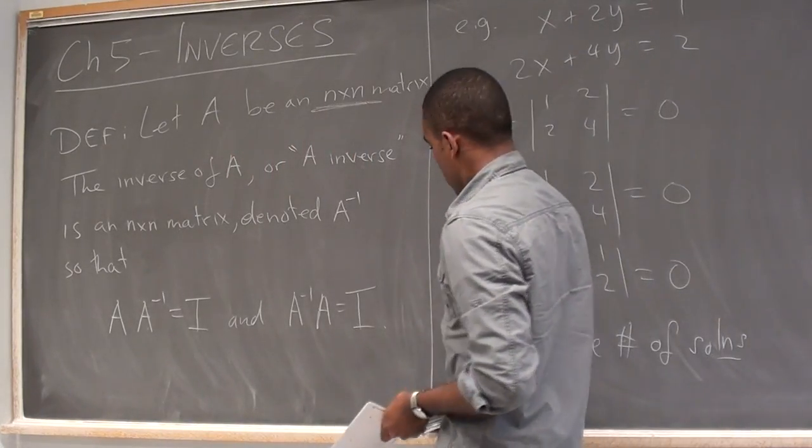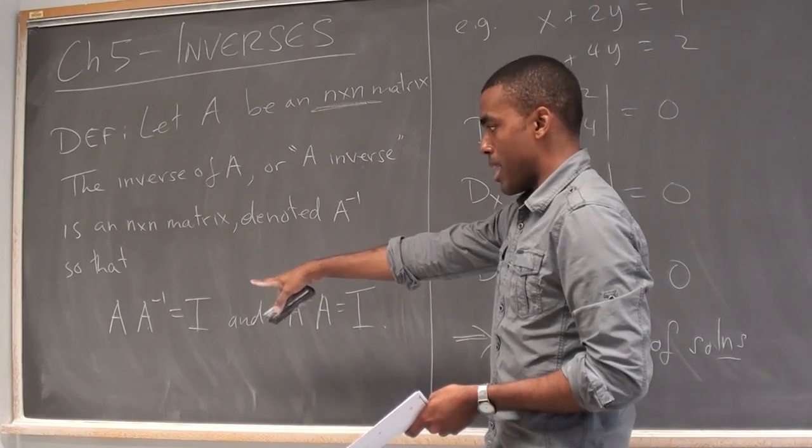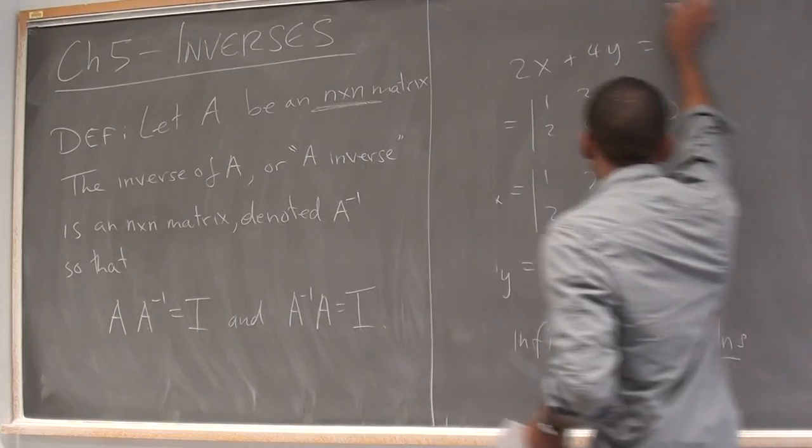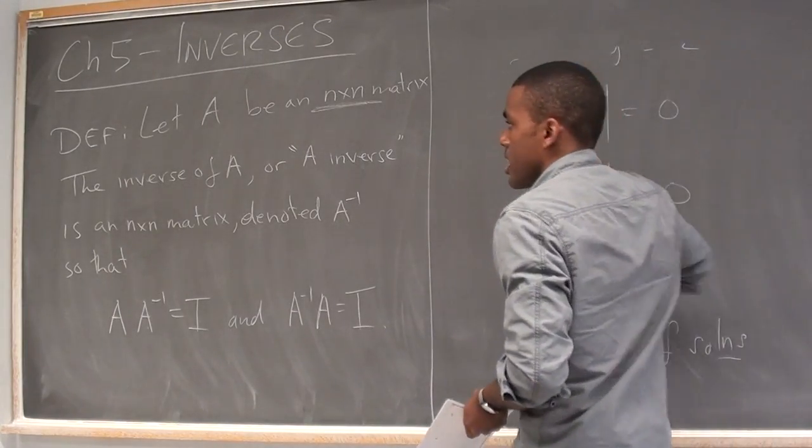That's what the inverse is. It's just a matrix that if I multiply it by my original matrix in any order, I get the identity. For any matrix for which this is true, I call it the inverse of A.